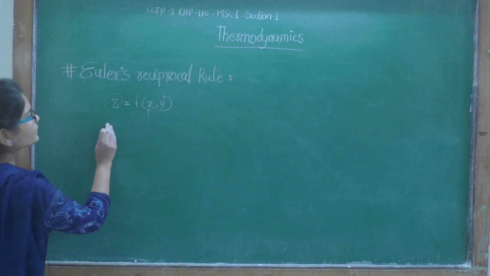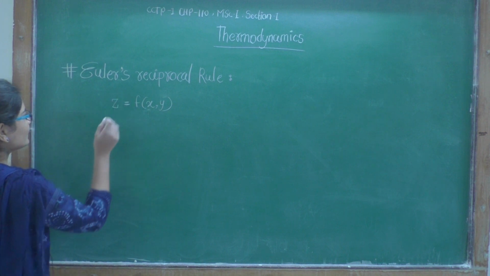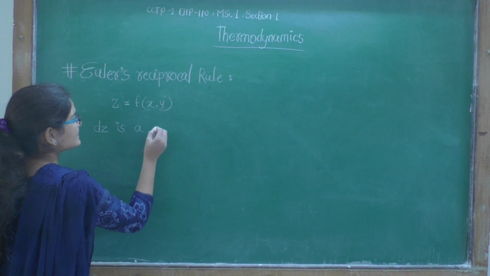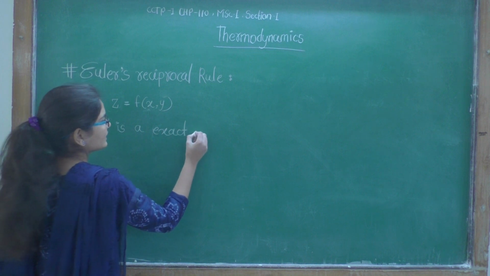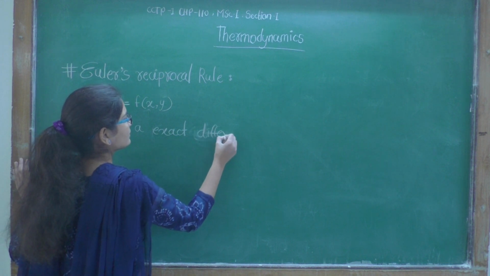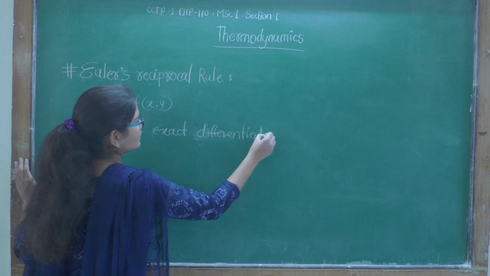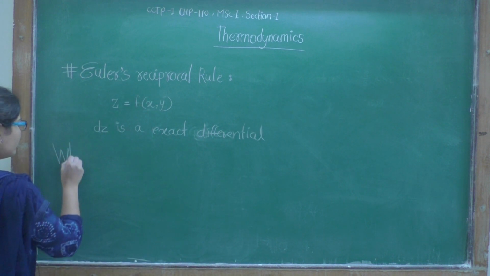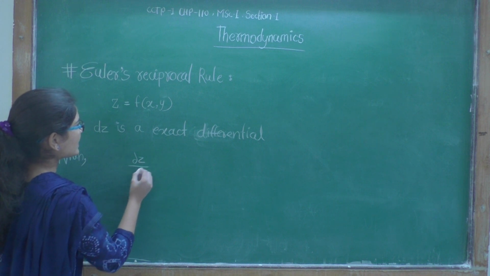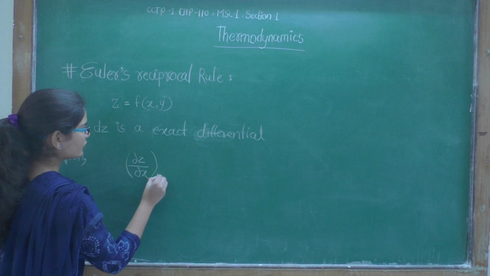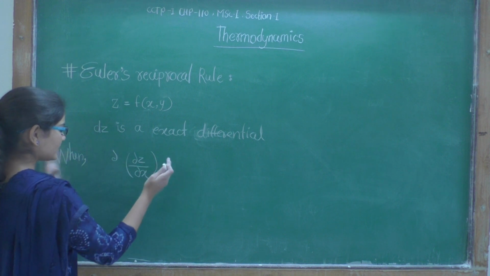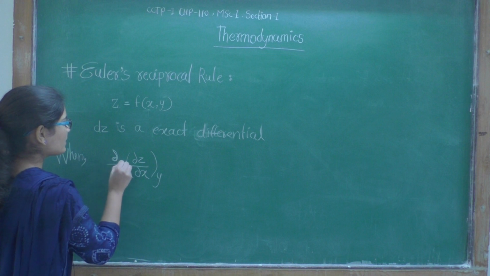Okay. Now then it will say dz is a perfect, exact differential only when ∂z/∂x at constant y, the change in z with respect to x at constant y, and here the differential of this whole term with respect to y.